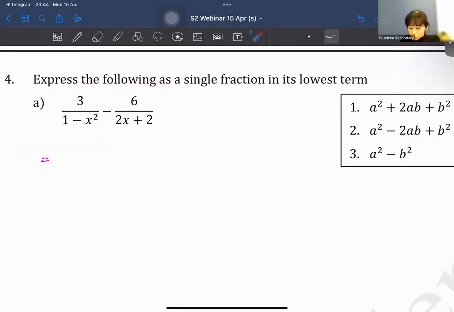First fraction denominator, if you notice, is your third identity where you have a squared minus b squared. So factorizing that out, I'll get a plus b times a minus b. For the second fraction's denominator, I can factorize out a 2.